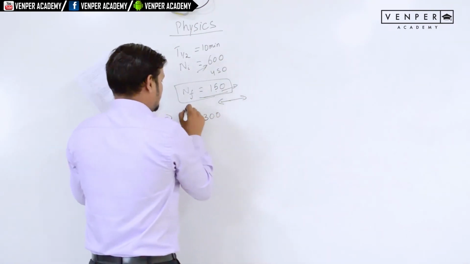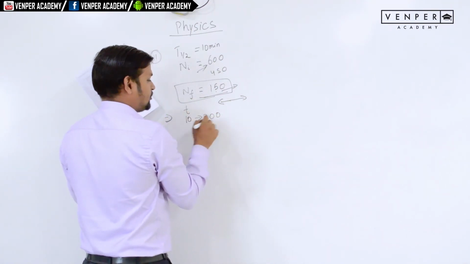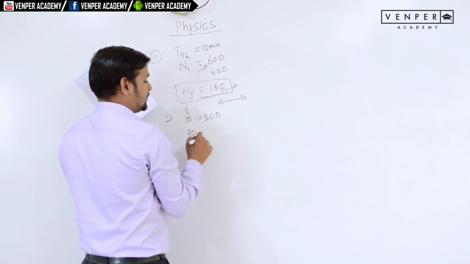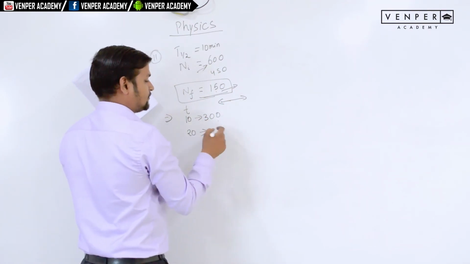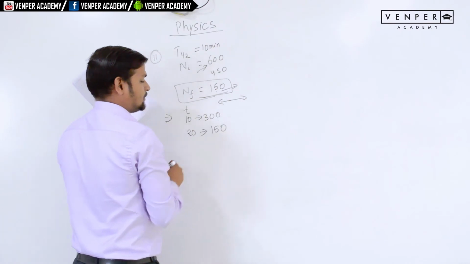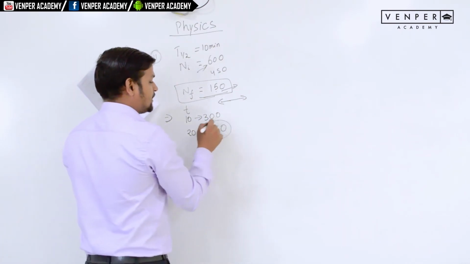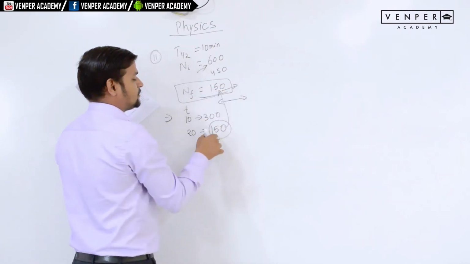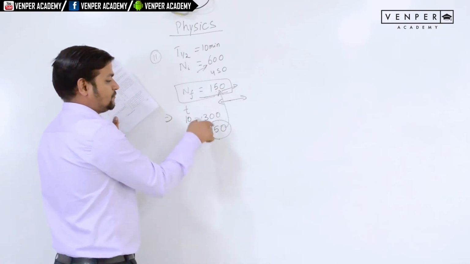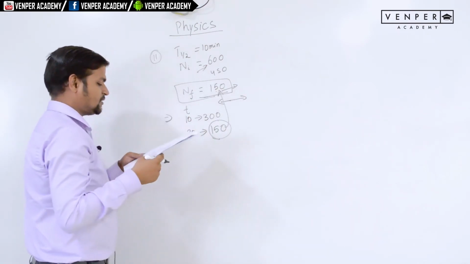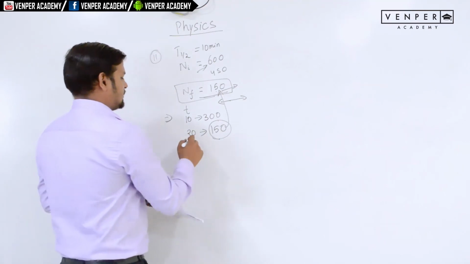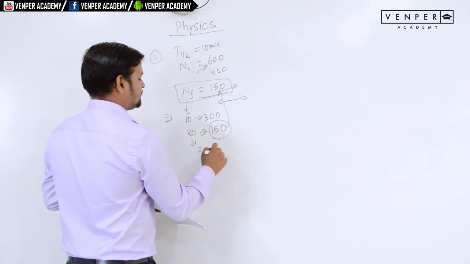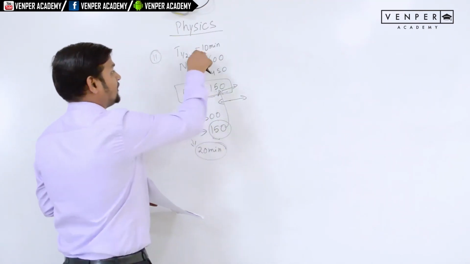Then at t is equal to 10, number of nuclei is 300. At t is equal to 20, another half. How much nuclei is left? 150 nuclei is left, and 150 is that final nuclei which they are asking. So in this question you can directly say that answer is 20 minutes. Why? Because half-life is 10 minutes.